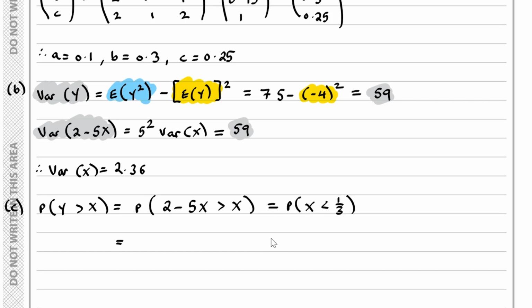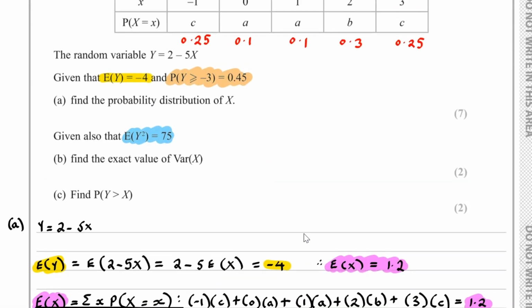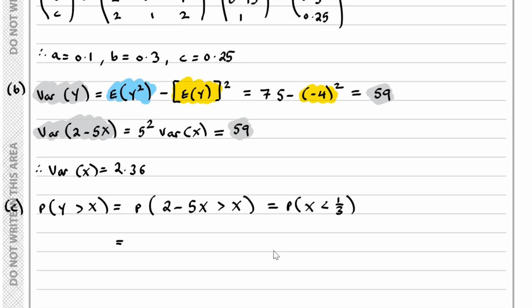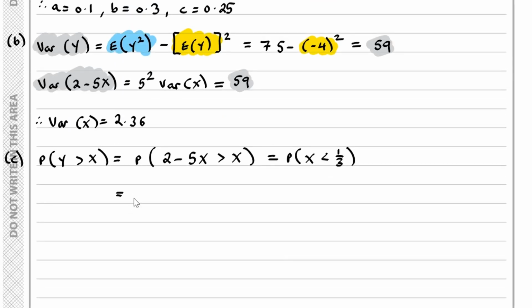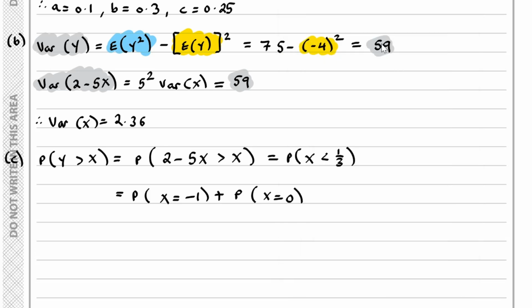So the probability that x is less than 1/3, we have x equals -1 and x equals 0. So we have here the probability that x is equal to -1 plus the probability that x is equal to 0. Just to confirm, this over here is the same as what we have over here.